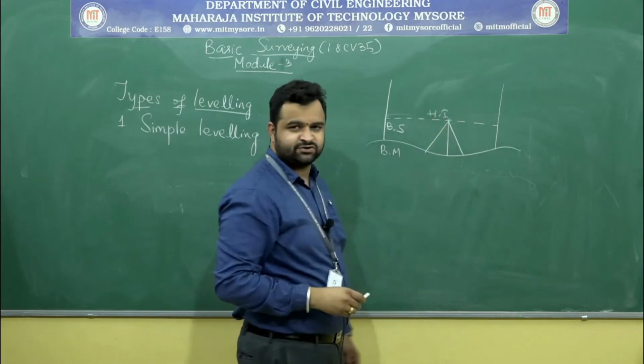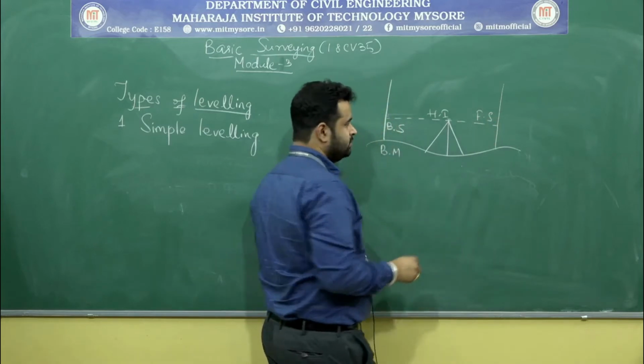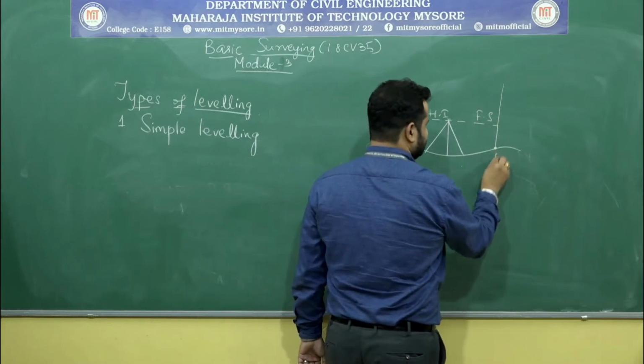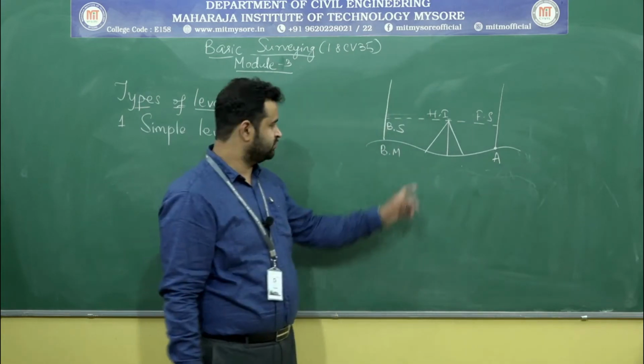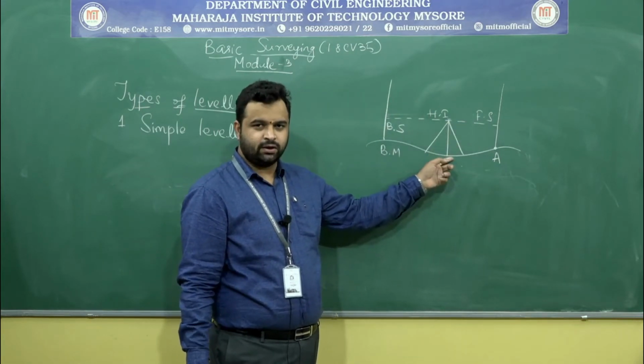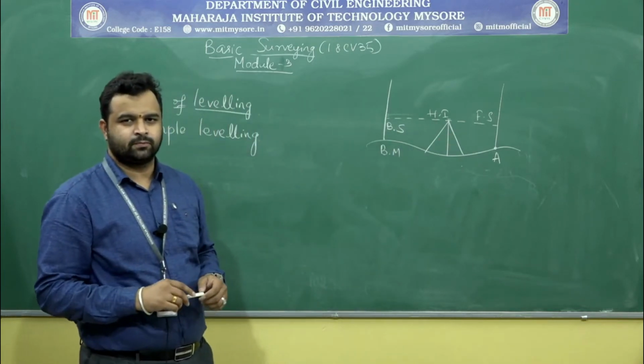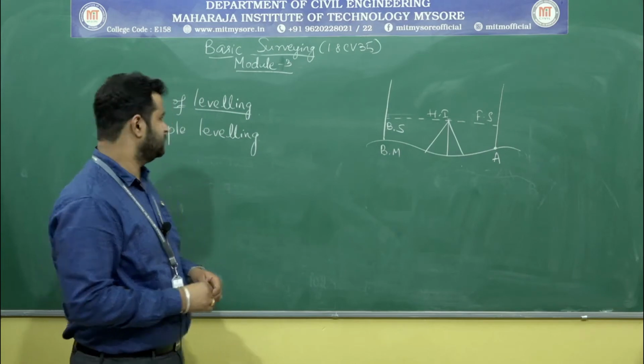Again record one more reading, which is foresight. Then the elevation of this point is easily determined. So if you observe in this case, you have set an instrument at a point and you have taken 2 readings, right? That is what simple leveling says. Okay. So what is the next type of leveling?